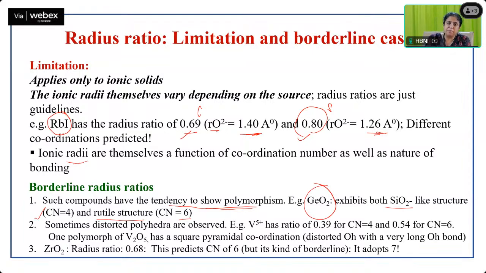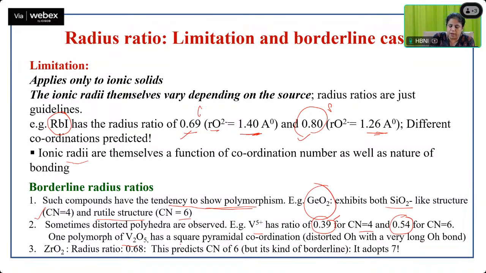Or sometimes you observe distorted polyhedra. For example, V2O5 has a radius ratio for coordination number 4, and it exhibits these two kinds of radius ratio. Now, one predicts tetrahedral, one predicts closer to octahedral. So what will you do? As a consequence, one particular polymorph of V2O5 has neither 4 nor 6.